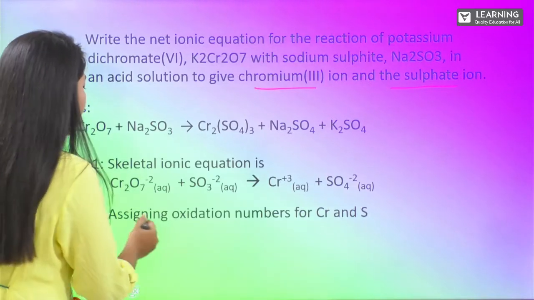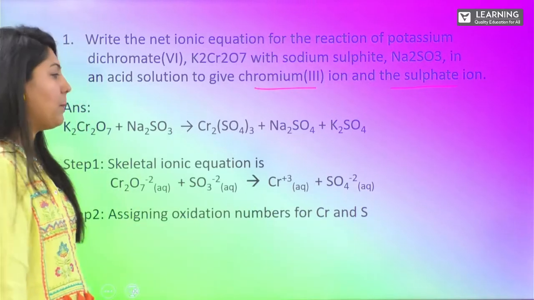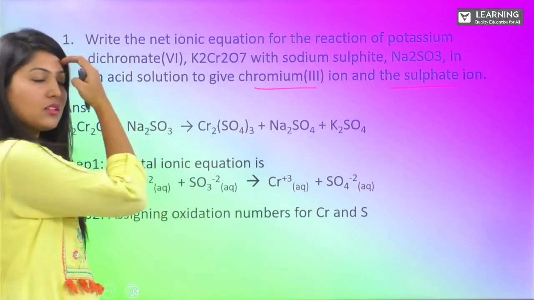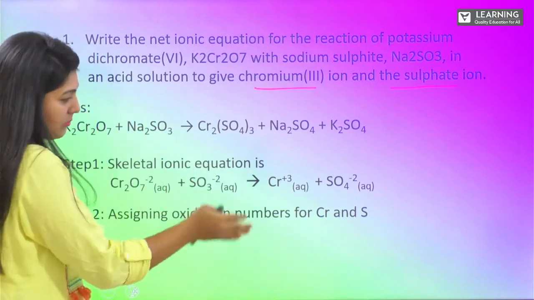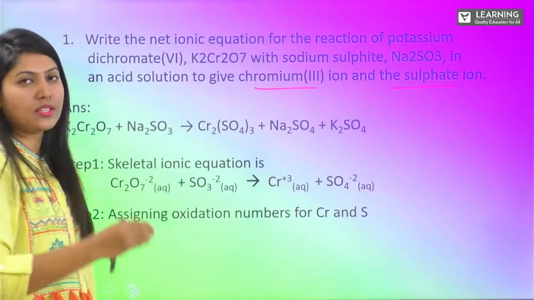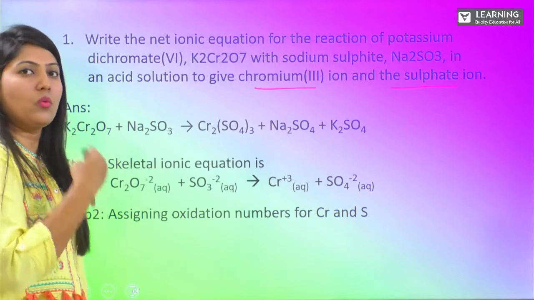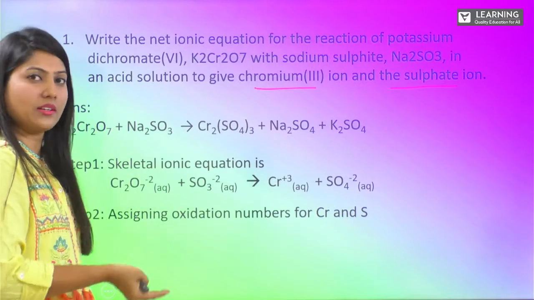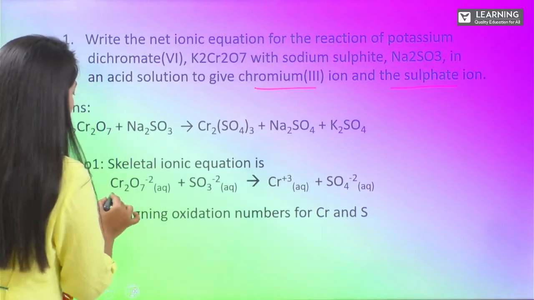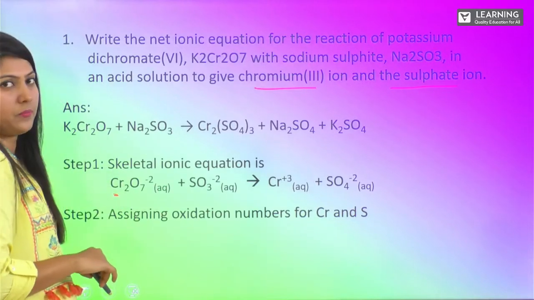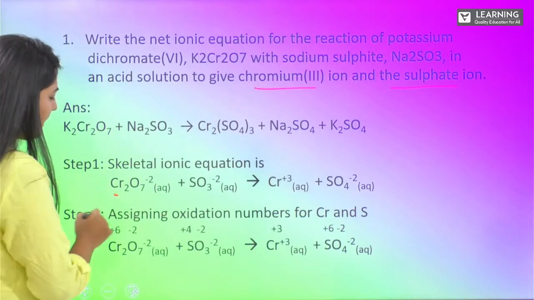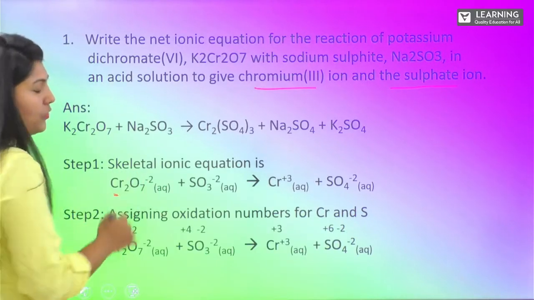So now we need to assign the oxidation numbers for chromium and sulfur. Why chromium and sulfur? Those are the two elements whose oxidation numbers increase or decrease. So what is the oxidation number of chromium here? Can you guess? It is +6, and -2 for oxygen.